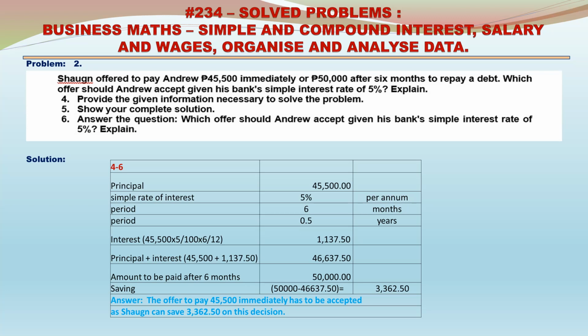Amount to be paid after 6 months 50,000. Saving 50,000 minus 46,637.50, 3,362.50. Answer. The offer to pay 45,500 immediately has to be accepted, as Andrew can save 3,362.5 on this decision.